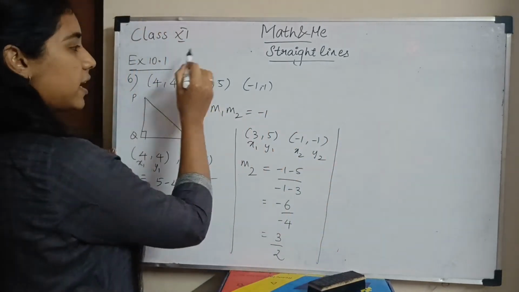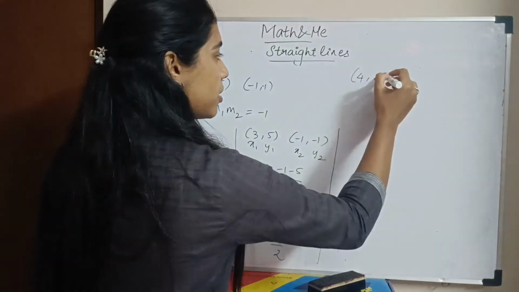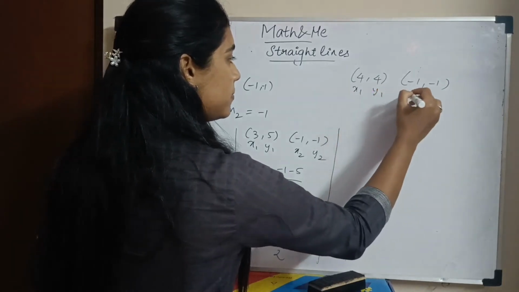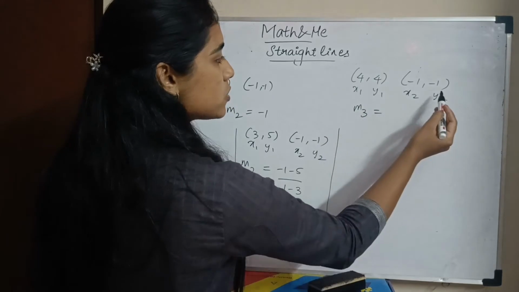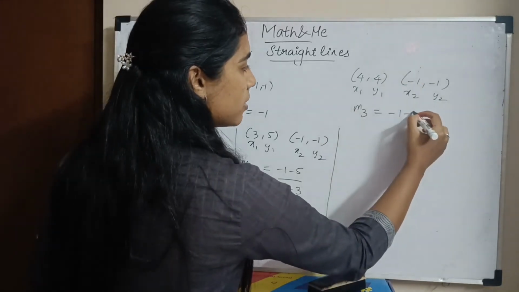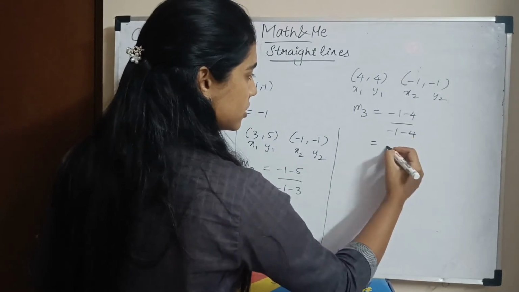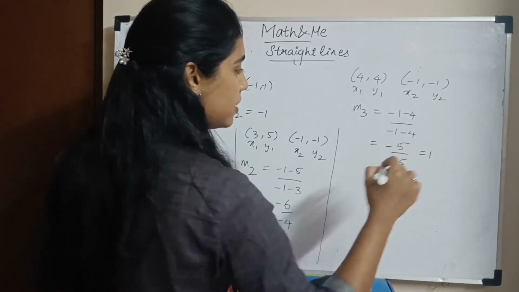You have the other 2 points, 4, 4 and -1, -1. x1, y1, x2, y2. So slope M3 equals y2 minus y1 divided by x2 minus x1. So what do you have? -5 divided by -5, which is equal to 1.